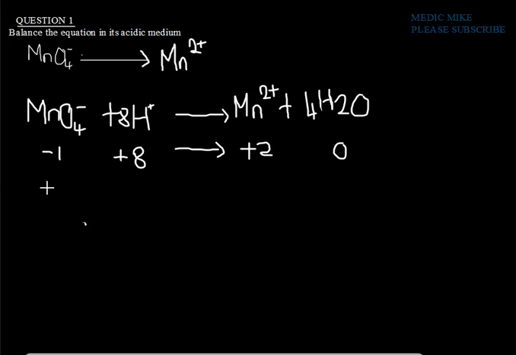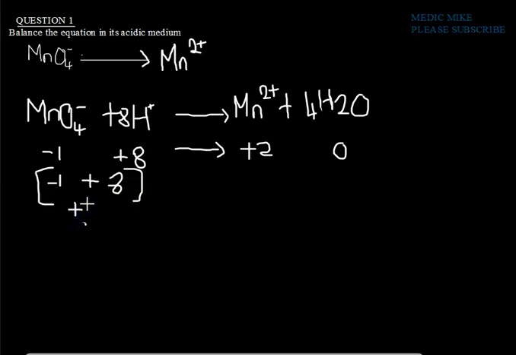Now we are going to be adding the reactant side first. So at this reactant side, we have a -1 charge plus 8 charge. So let's put this in a bracket to show and differentiate our workings. So a -1 plus 8 charge will be equal to a +7 charge.